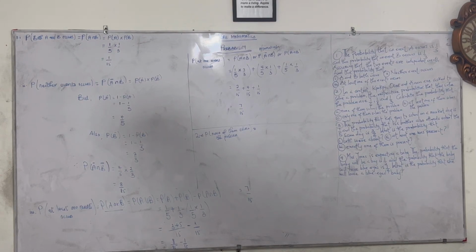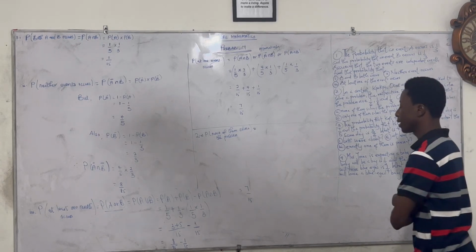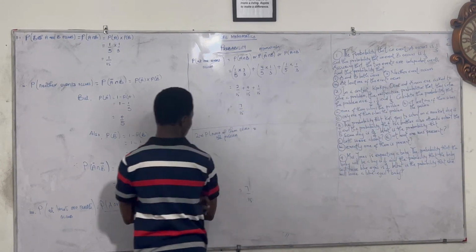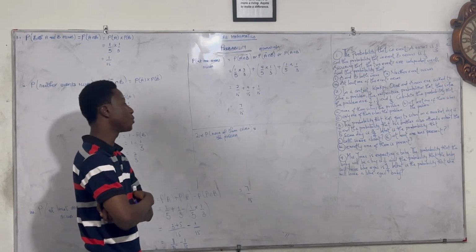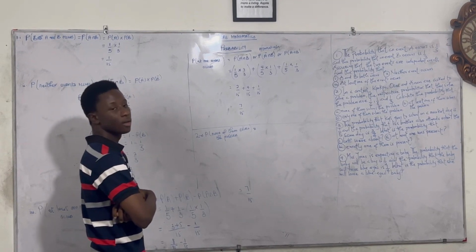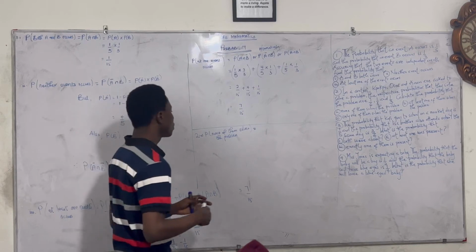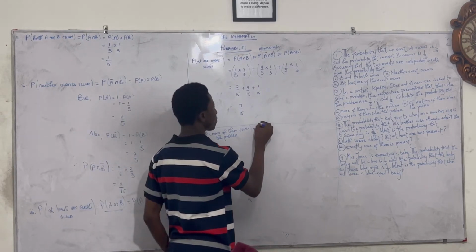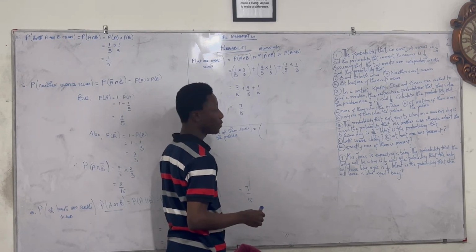That means the probability that, what are those we're talking about? How many people are we talking about on the board? 3. Yes, what are those? Kpakpo, Osei, and Anani. So if you say the probability that none of them solves the problem, mathematically, what does it mean?